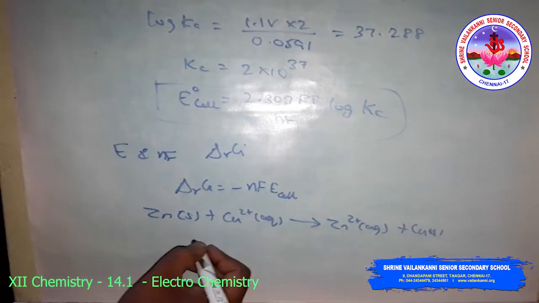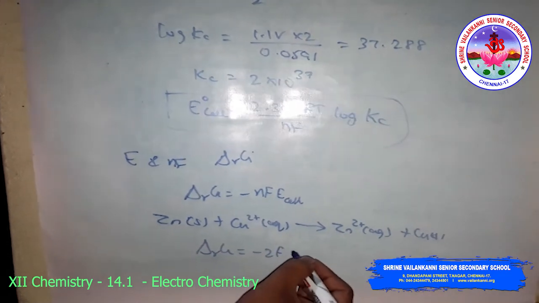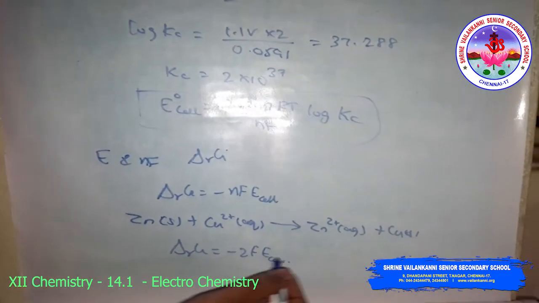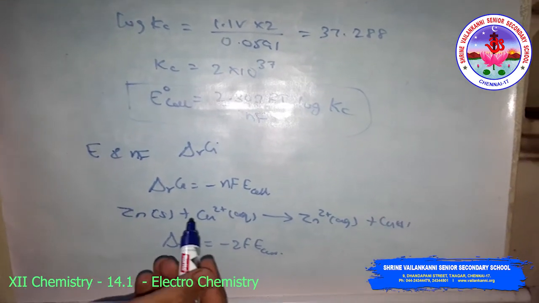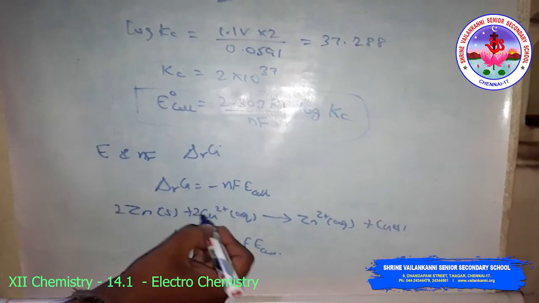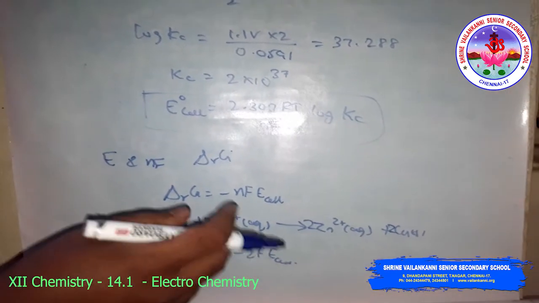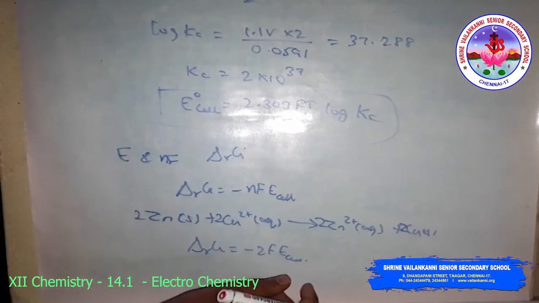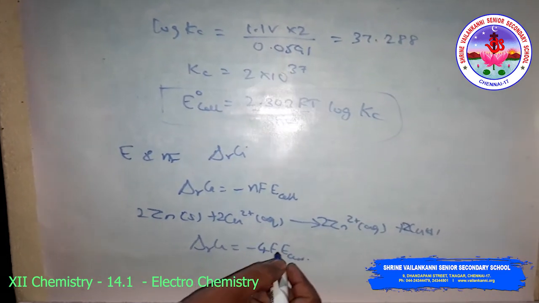So here ΔrG is equal to minus 2F E cell. If the reaction is written with coefficients doubled, 2 becomes 4, so it is minus 4F E cell.